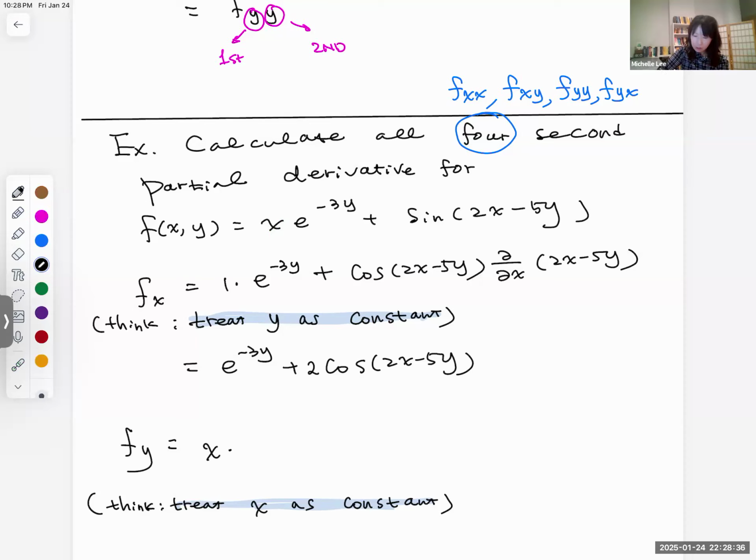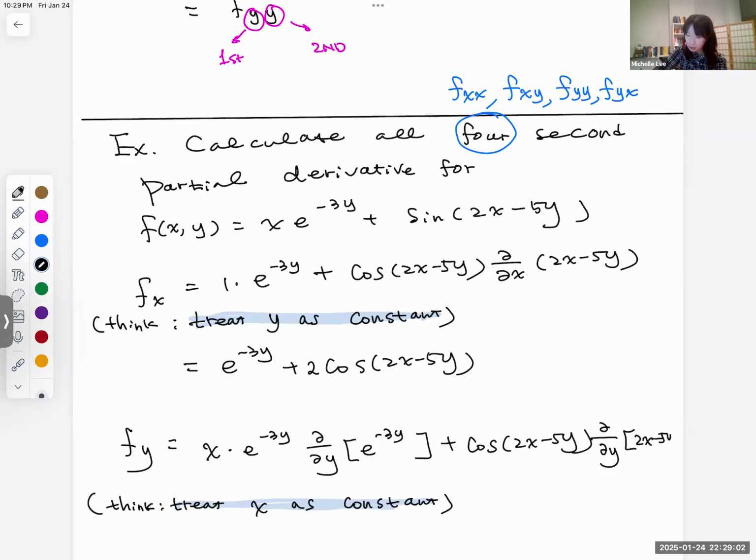Then e to the negative 3y, chain rule, and plus the derivative of cosine of 2x minus 5y with respect to y.